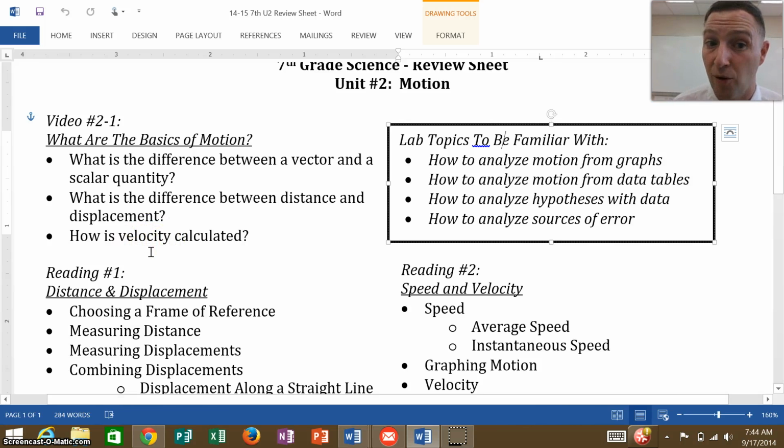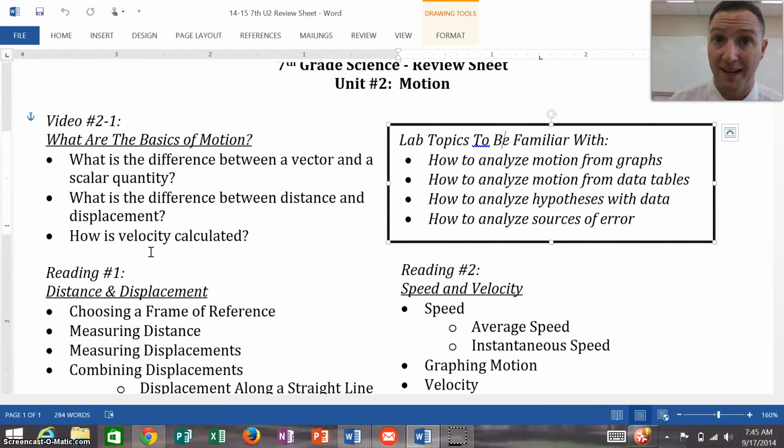Velocity. How is it calculated? All right. Our formula is displacement over time. My change in position, or my displacement, divided by my change in time. All right? We did this for the lab. We calculated the velocity of the cart as it was going down in 3 different instances. 3 books, 2 books, 1 book.